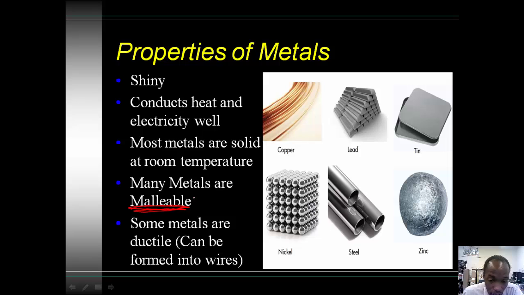Like many of the metals that make up the utensils you use, or the necklaces people wear, it has been hammered and molded into a particular shape specifically so that you can use it, such as a lock. So metals are malleable. And some metals are ductile, which means they can be formed into wire, like up here with the copper wire. This copper wire is ductile. It has been formed into a wire.